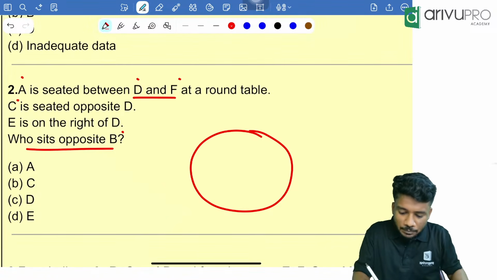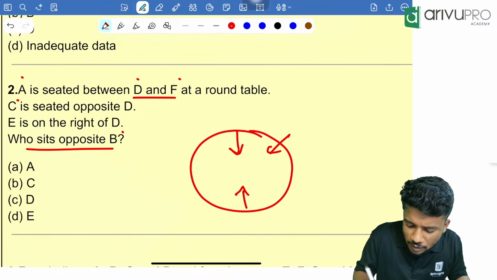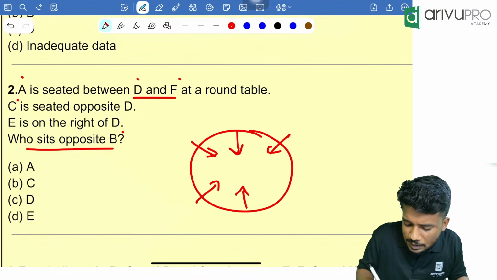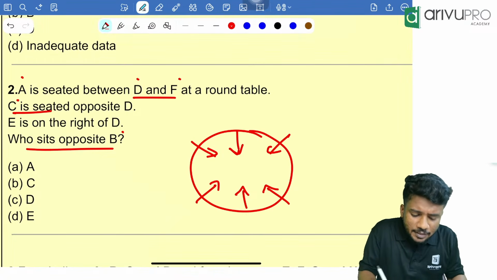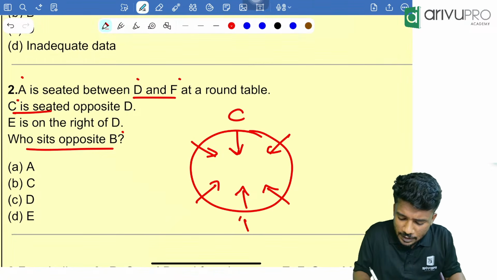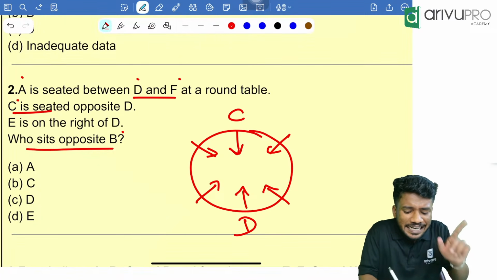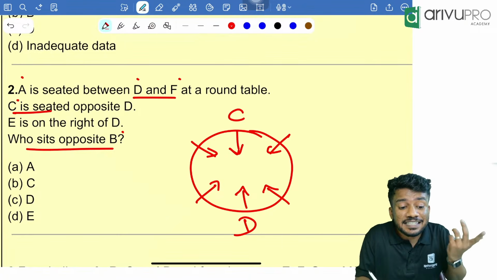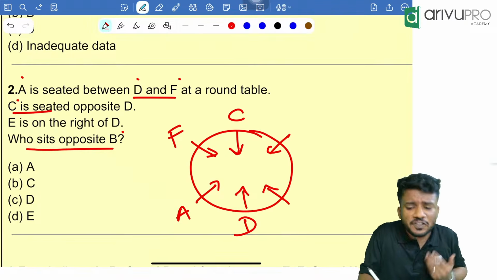So that's why. Okay. Now, 6 people are there, so we will draw the circular arrangement just like this. Now tell me what is given. C is seated opposite to D. Then A is seated between D and F. I am assuming that A is over here and F is over here.